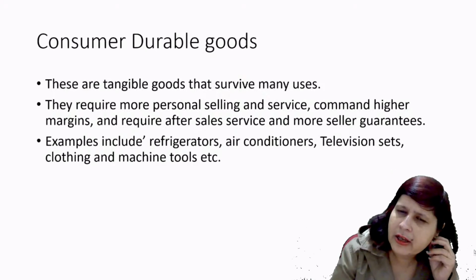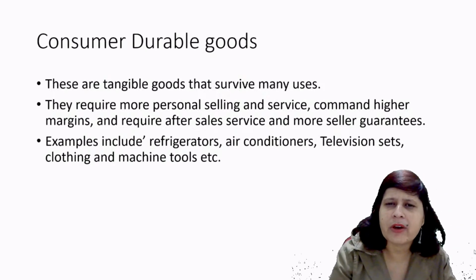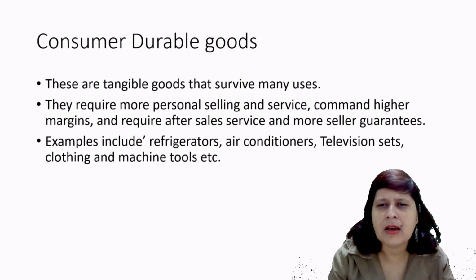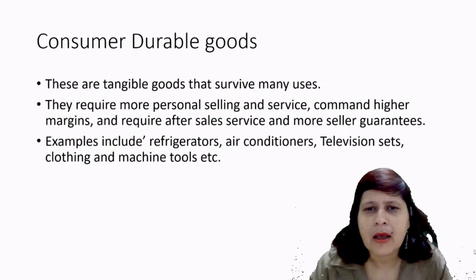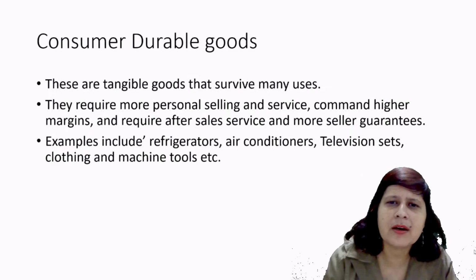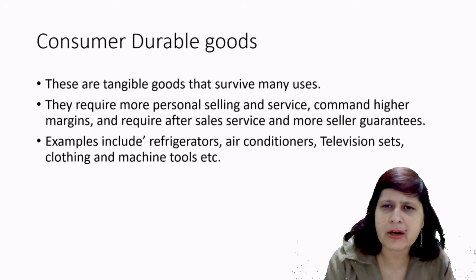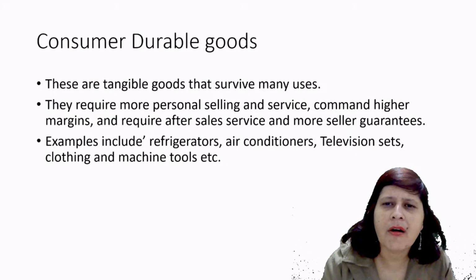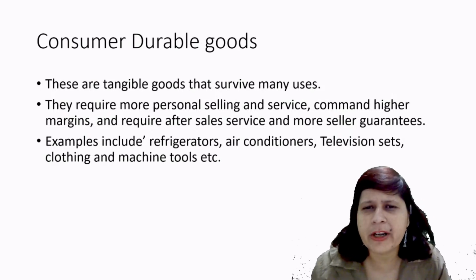Like for TVs, there are n number of companies which are manufacturing TVs, and they are advertising their products. But personal selling is required, when a salesperson tells about the attributes of that product, and how that product is different from other companies' or competitors' products.